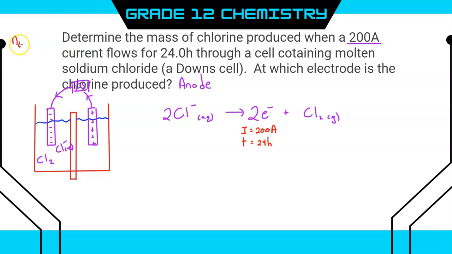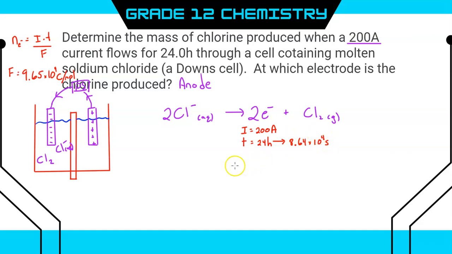The number of moles for these electrons is your current times your time divided by Faraday's constant, where Faraday's constant is equal to 9.65 times 10 to the 4 coulombs, which is a unit of charge, per mole. Now time also needs to be in seconds, so we need to change hours into seconds. So we multiply by 60 and then multiply by 60 again. Gives us 8.64 times 10 to the 4 seconds.